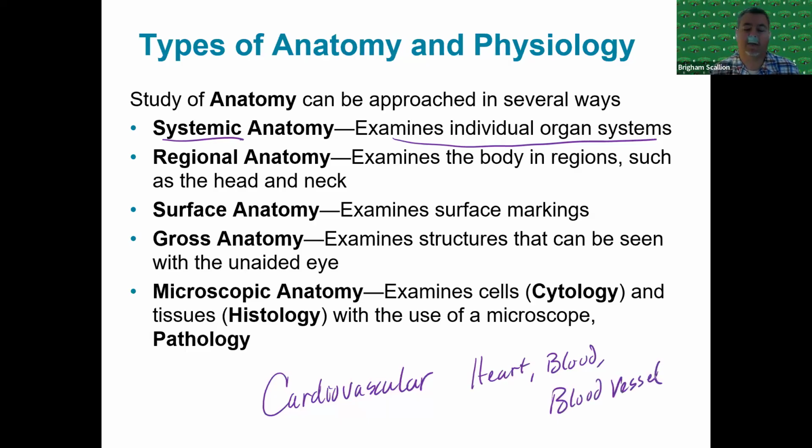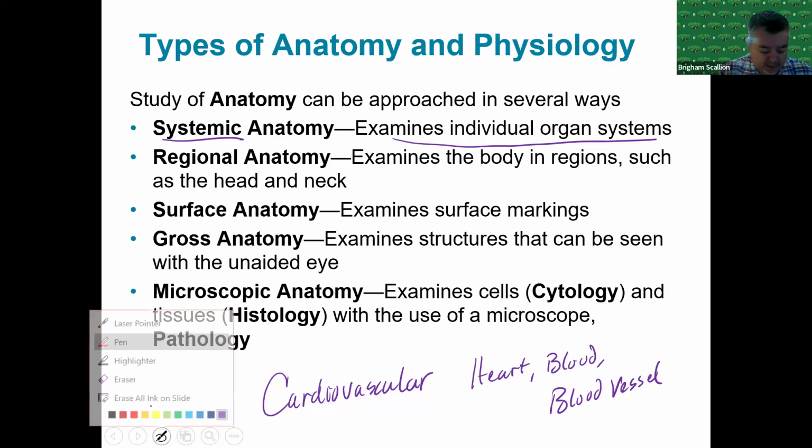So if we wanted to study the anatomy of the heart, or the red blood cells or the white blood cells, or the actual structure of blood vessels themselves, then we could study systemic anatomy.